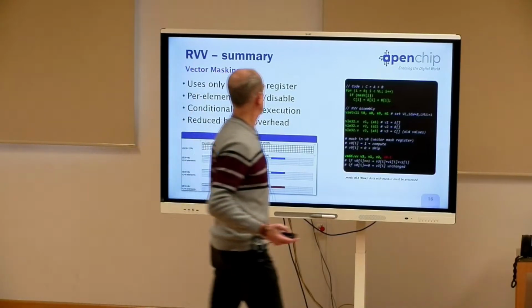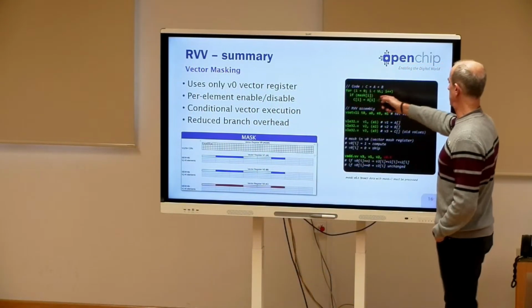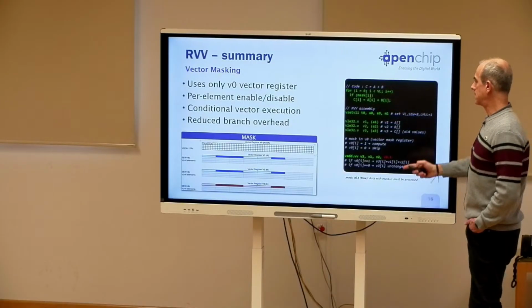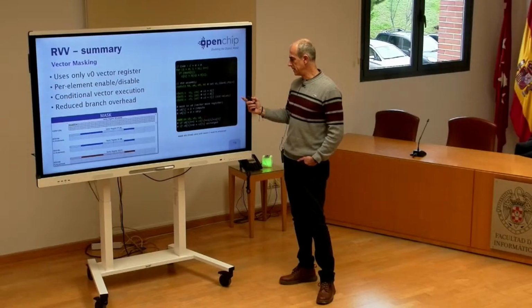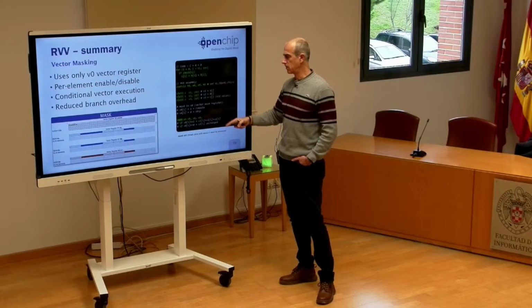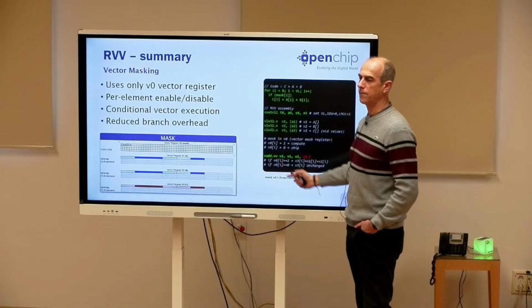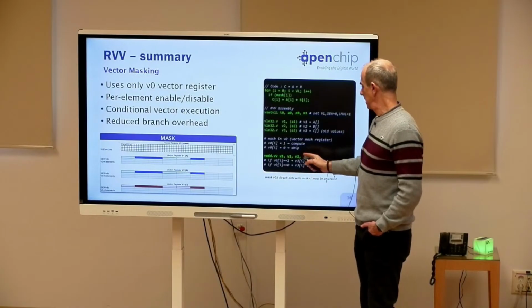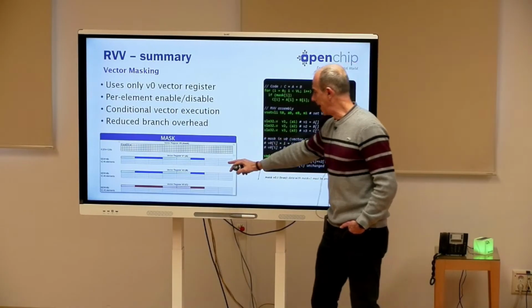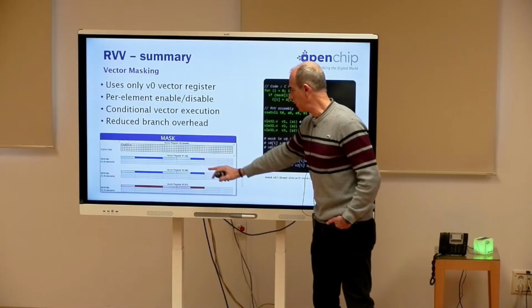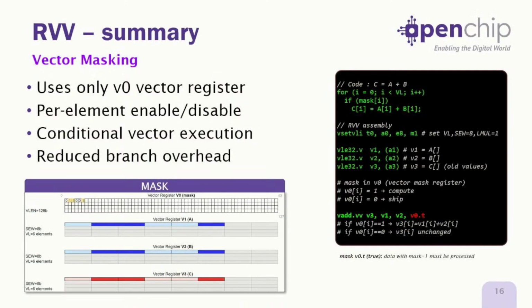This is more or less the code for A plus B equals C, but we will not go through all this stuff. The most important thing is this one. When we want to add these two vectors, A is put in V1, B in V2, and the result is put in the V3 vector.